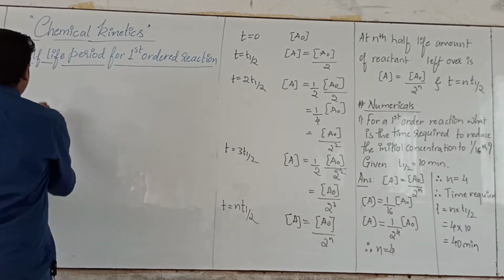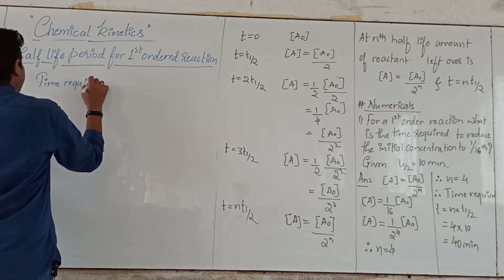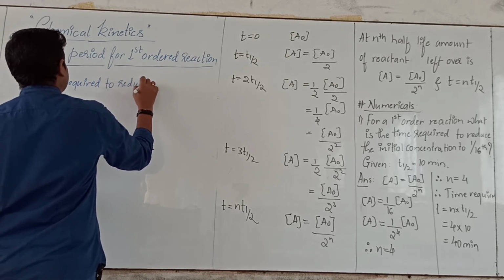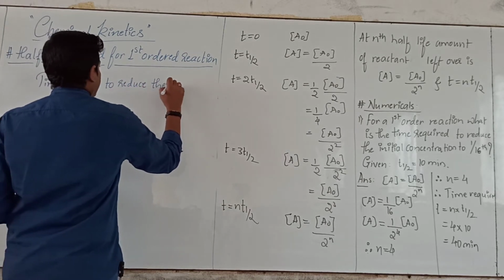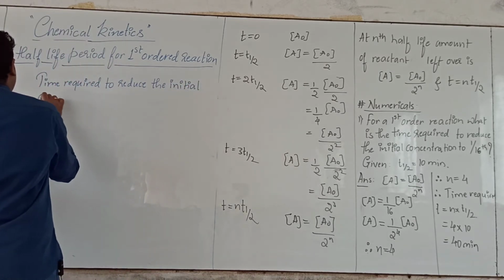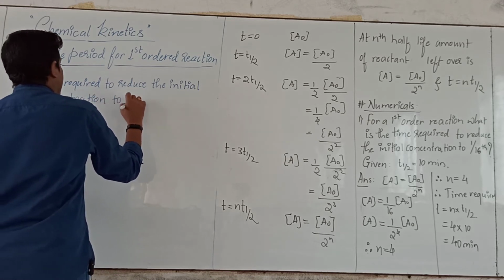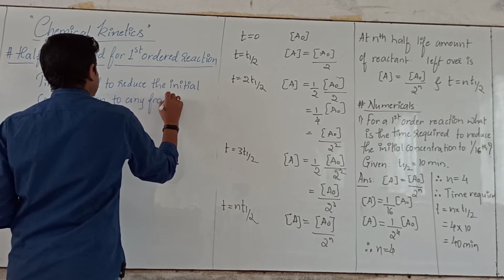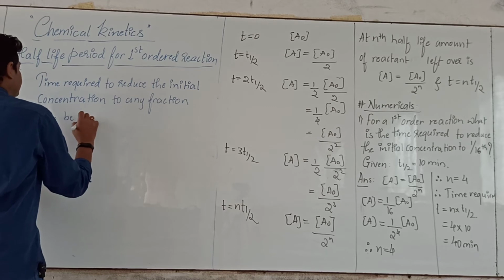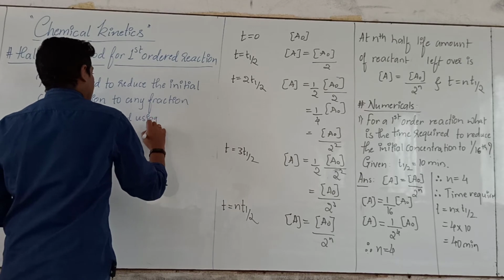So we can now calculate the time required to reduce the initial concentration to any fraction, which can be calculated using the formula.